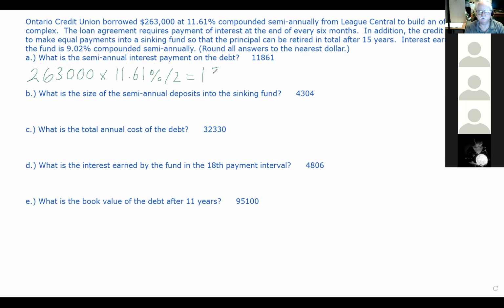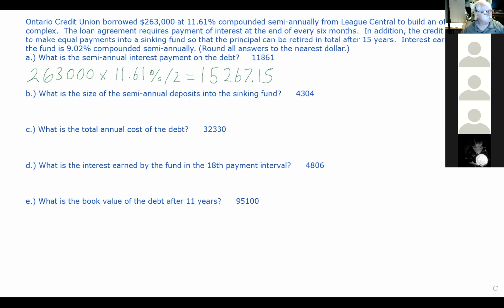Oh, what did I do wrong? Oh, maybe I didn't. I got a different answer than you, but Moodle didn't like your answer. 15,267.15.